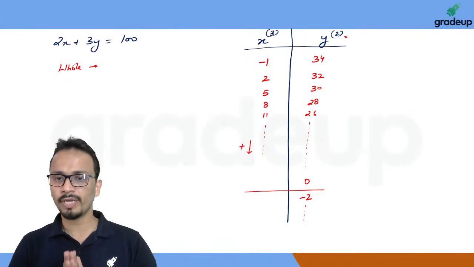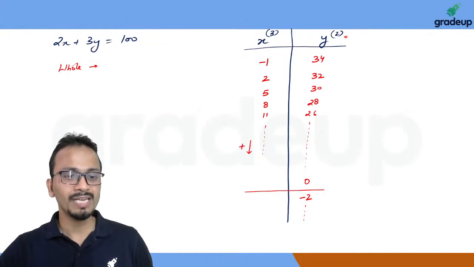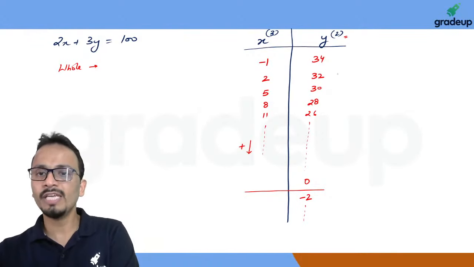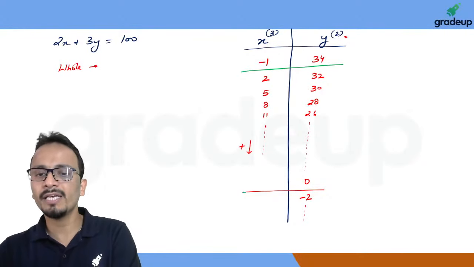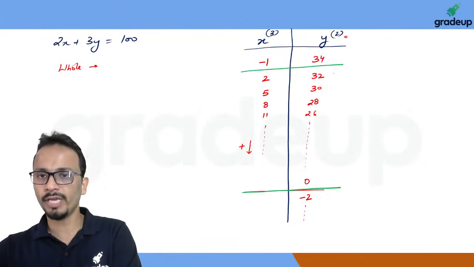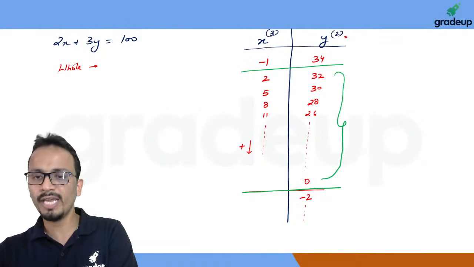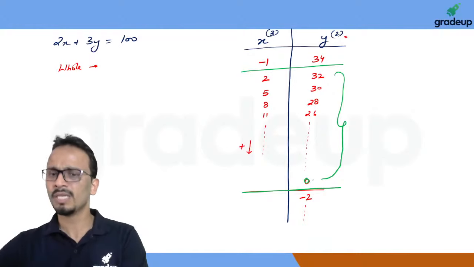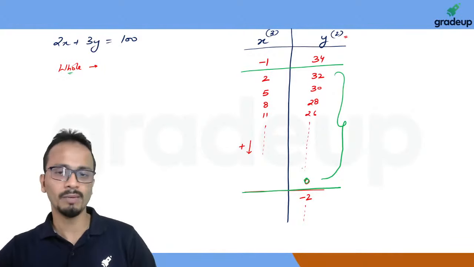Now what we have to do is find the number of whole number solutions. That means we have to count all the solutions which are lying in this range, just these solutions, including the last one, that is 0. We have to count the 0 one also, because 0 is also a whole number.